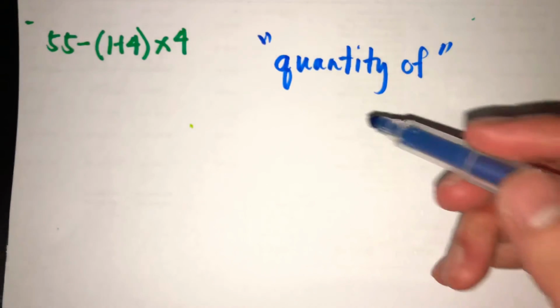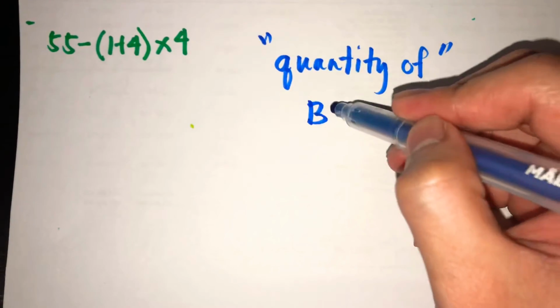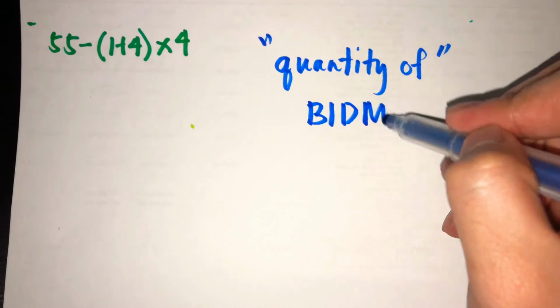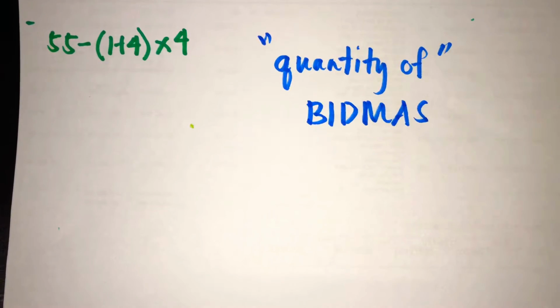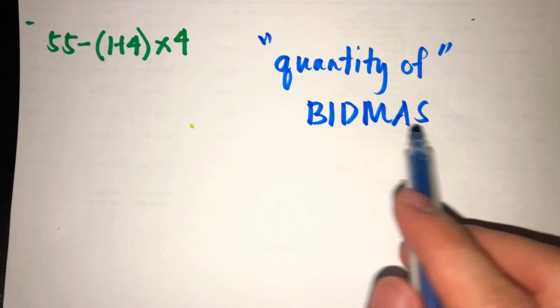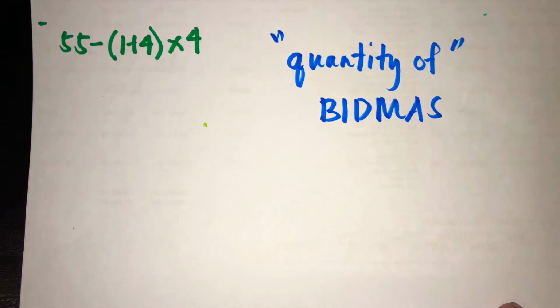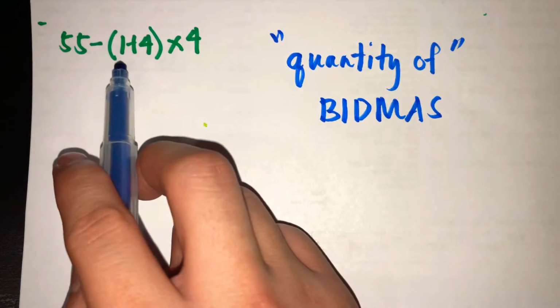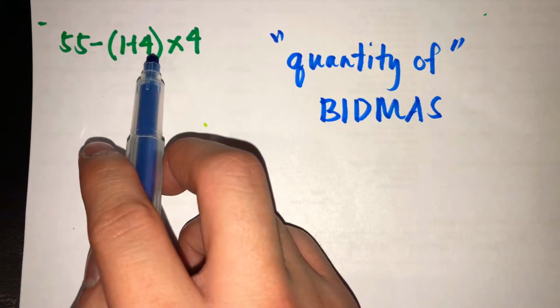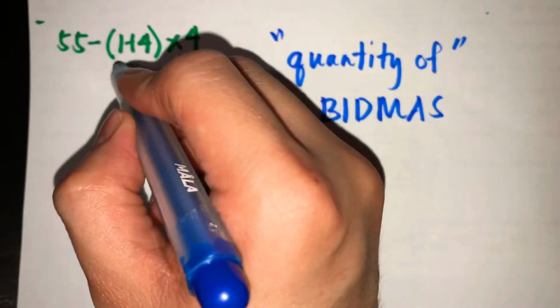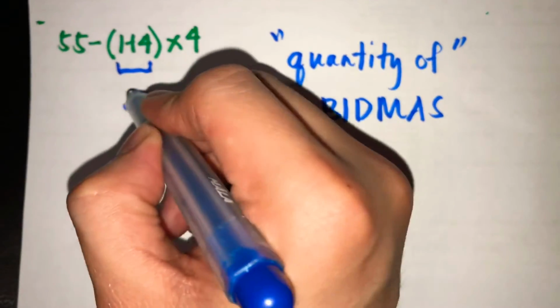Now, first, let's have the guide, BIDMAS. As you can see, we have a bracket here. So we're going to start first with the bracket. We have 1 plus 4 is 5.